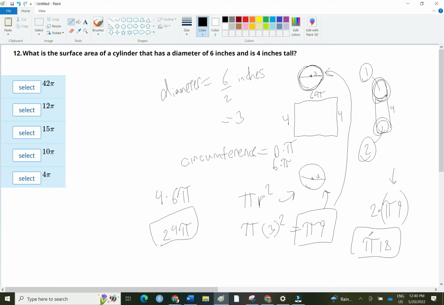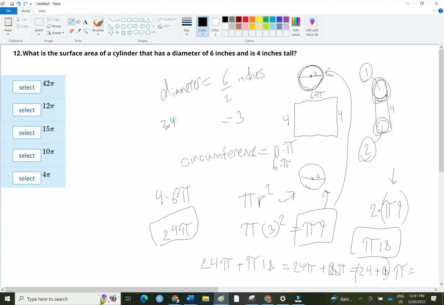You've got 18 pi for the area of both circles combined. So you just add that together. 24 pi plus 18 pi, which is the same thing as 24 plus 18, times pi.